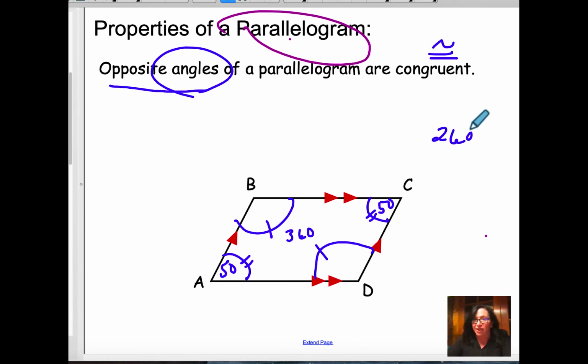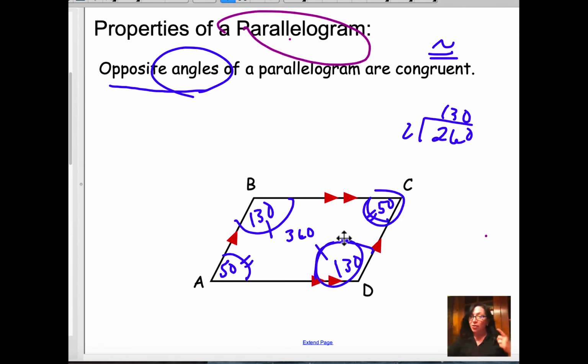So what's 160 divided by 2? So that's going to be 80. So that would be 80 degrees and 80 degrees, which, by the way, those angles that are consecutive to parallel sides are supplementary, which means they add up to be 180.